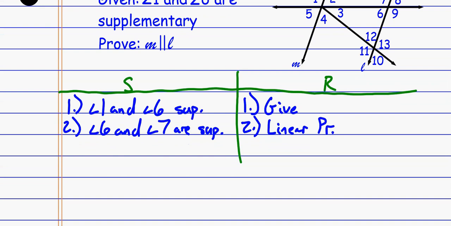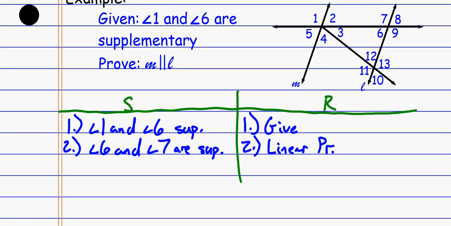And then from here, if I know that 1 and 6 are supplementary, and I know that 6 and 7 are supplementary, all right, what does that tell me? We had a theorem a little while ago that related supplementary angles and said, if two angles are supplements of the same angle, then those two angles are congruent. Okay?